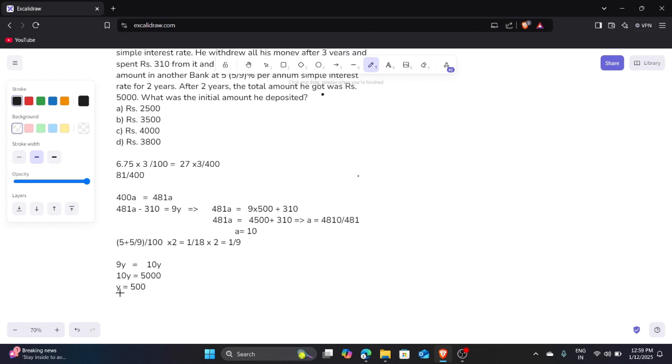So if we get 10y from this fraction value, it means 10y is equal to 5,000, because that is the final amount. So from here we get the value of y as 500.